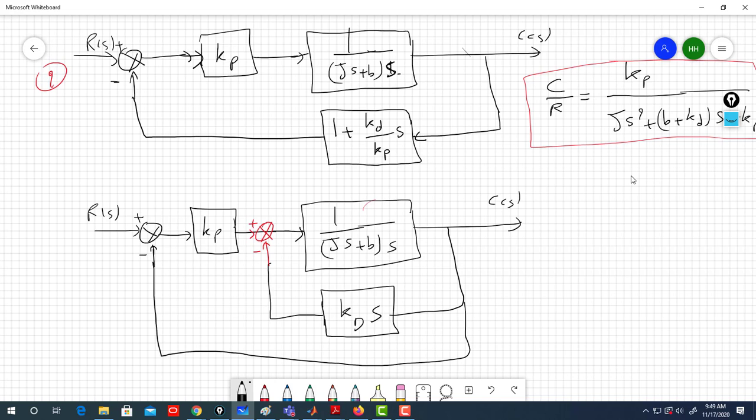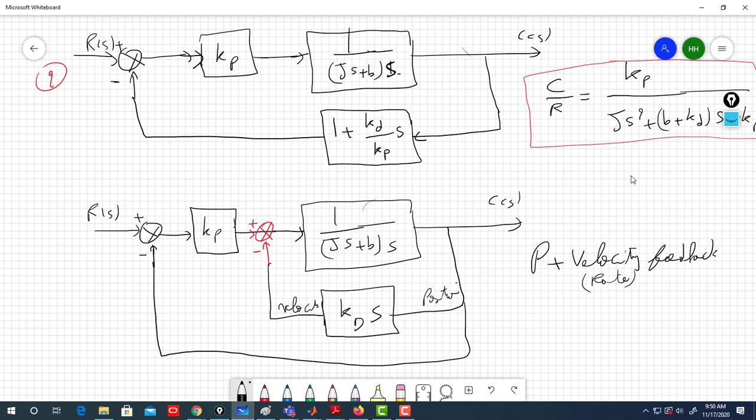I'm multiplying the error by a proportional constant. It's coming here, and so here is what we call proportional plus velocity feedback. I'm feeding back the velocity. If this is position, the derivative of the output is velocity, or rate; we sometimes call it rate feedback.